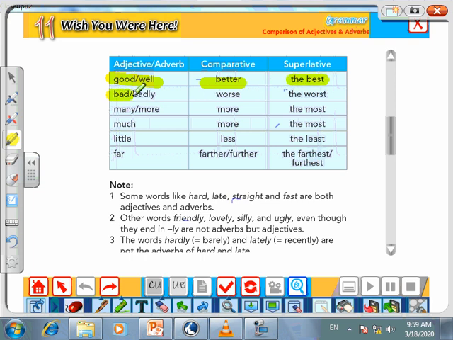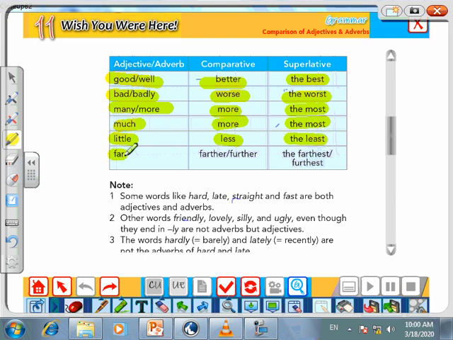Bad or badly, in the comparative becomes worse than, and in the superlative, the worst. Many or more, if it's an adverb or adjective, we use more than and the most. If it's much, I use more than for the comparative or the most for the superlative. If it's little, for the comparative I use less than, and for the superlative I use the least.